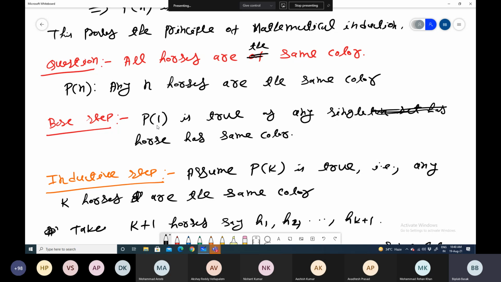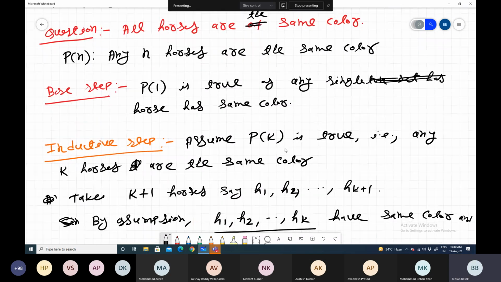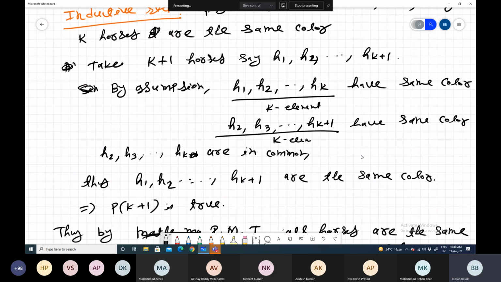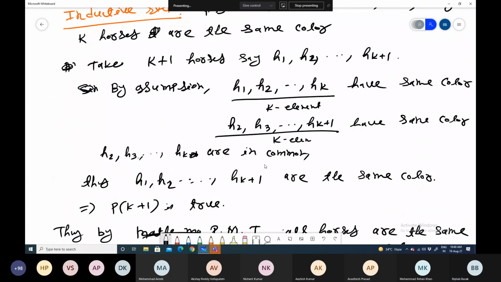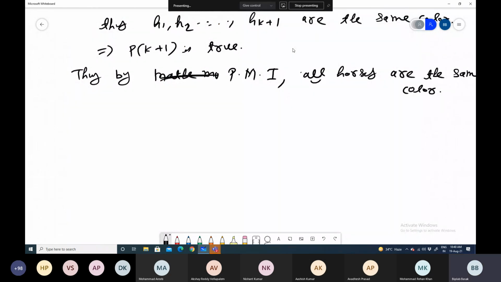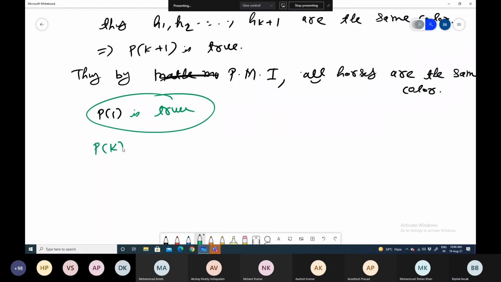See here, the base step is that P1 is true, and also if Pk is true, then Pk plus 1 is true. But here we use one fact: these are in common. So it is clear that P1 is true, and it is also clear that Pk implies Pk plus 1 is true for all k greater than or equal to 2.